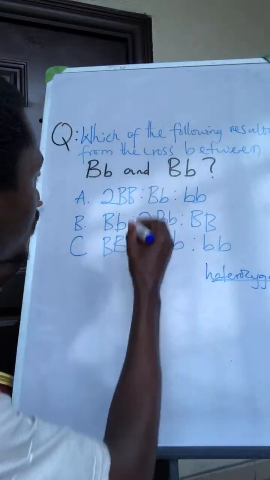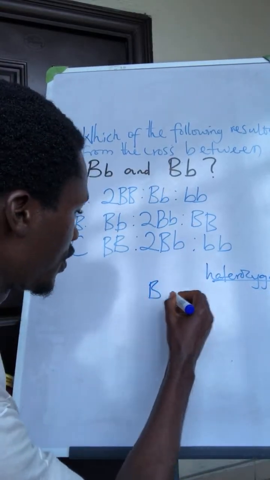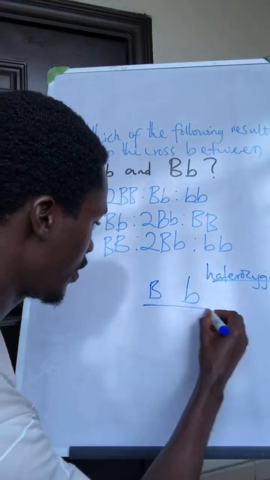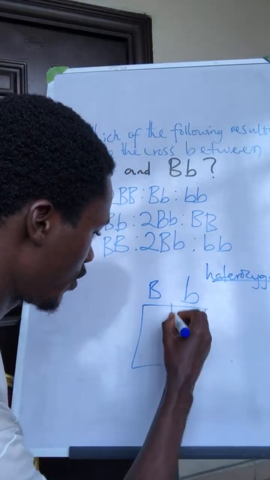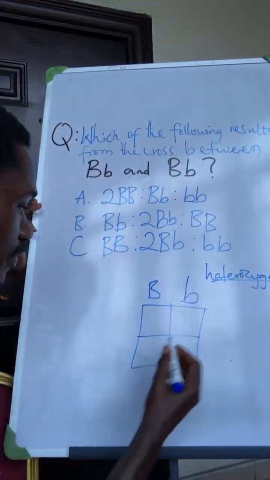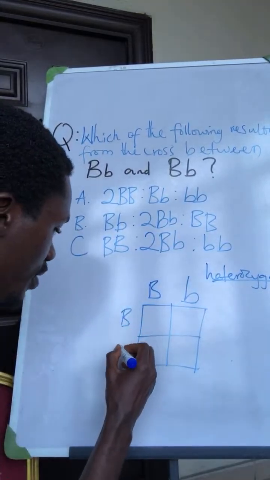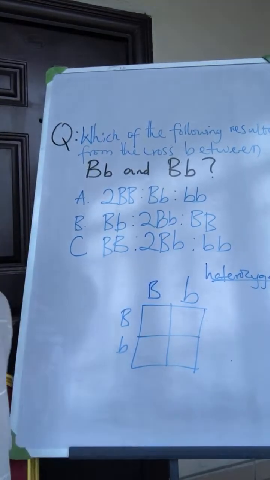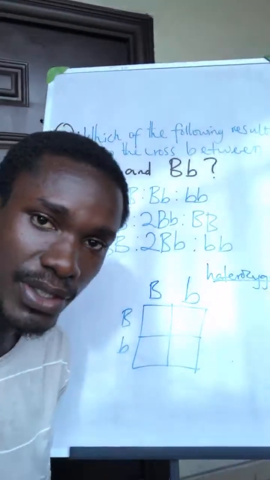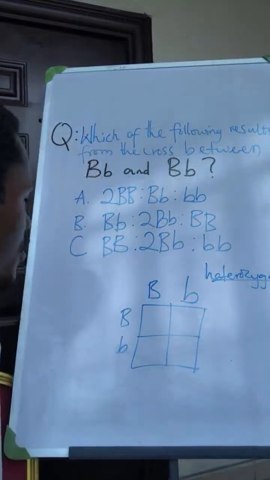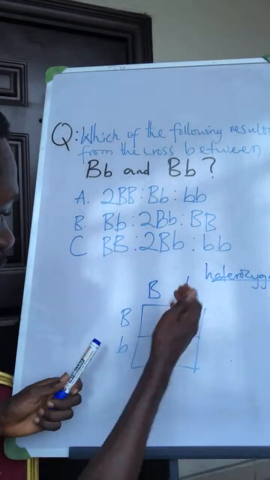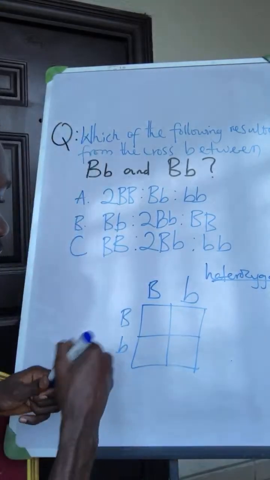So let's make a cross. The first one is big B, small b. Okay, let's draw the Punnett square, a monohybrid cross. And then the second one is also big B, small b. Since we've done this before, it will be very easy for us to continue. Now we make the cross, we input the possible gamete combinations.